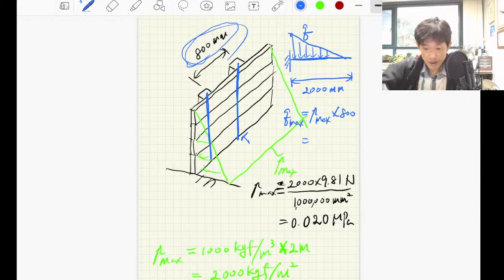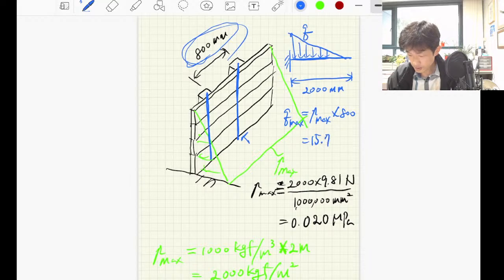If I do that, it becomes 15.7 megapascal times millimeters.